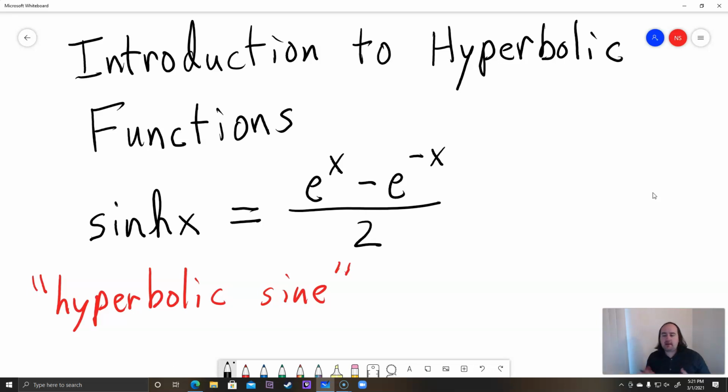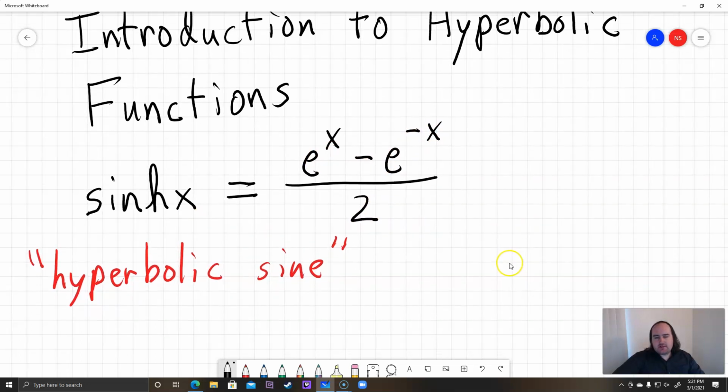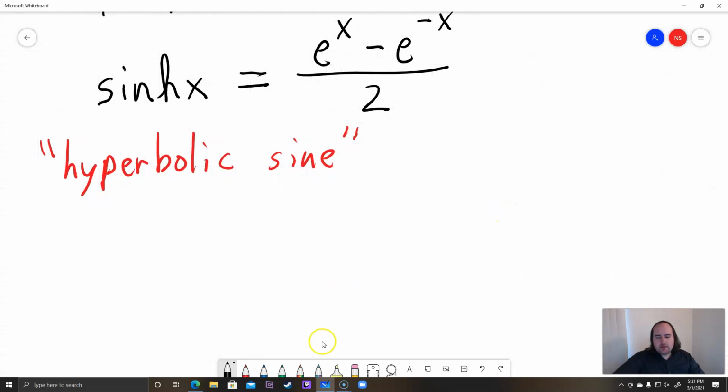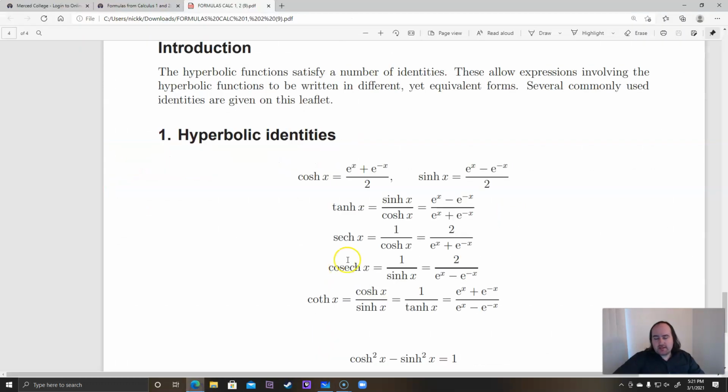Again, the way you read that is sinh of x. It's actually just e to the x minus e to the negative x all over 2. And then it turns out that hyperbolic cosine is almost the same thing. Once again, looking at our formula sheet on the 4th page, cosh of x, or hyperbolic cosine of x, is e to the x plus e to the negative x all over 2.